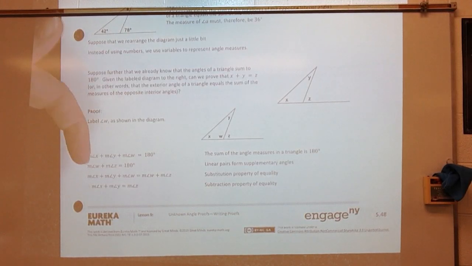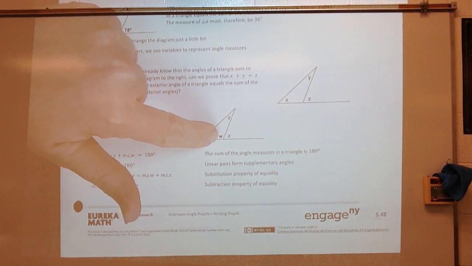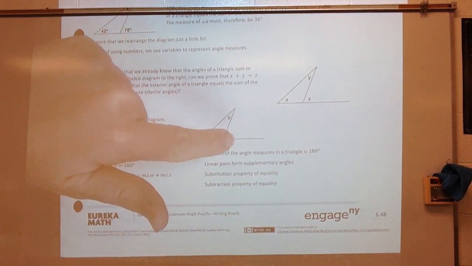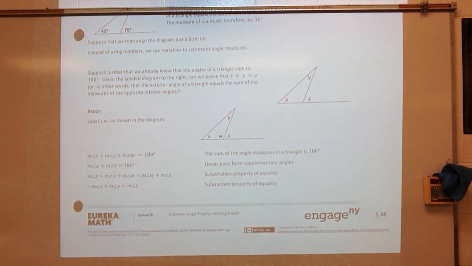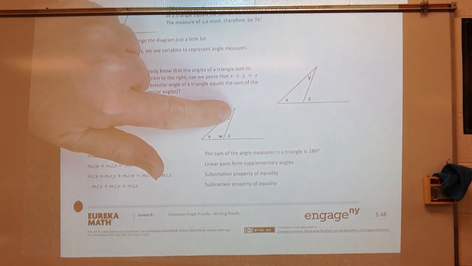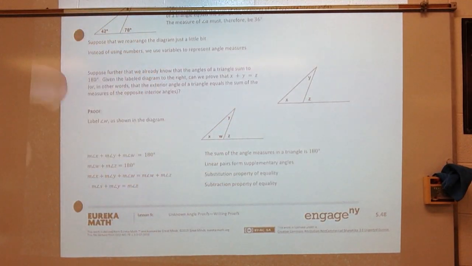In other words, I know that all of this equals 180, but I also know that W and Z together equal 180. So the measure of angle X plus the measure of angle Y has to equal the measure of angle Z. And you see these three dots here, they're very small, but that shows the proof is finished. We are finished.